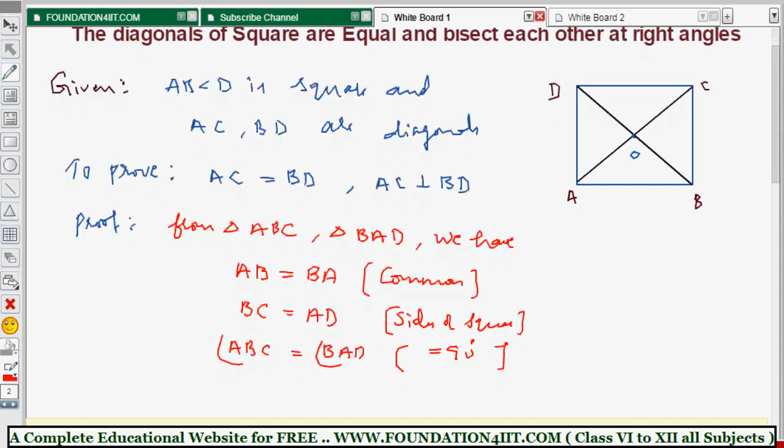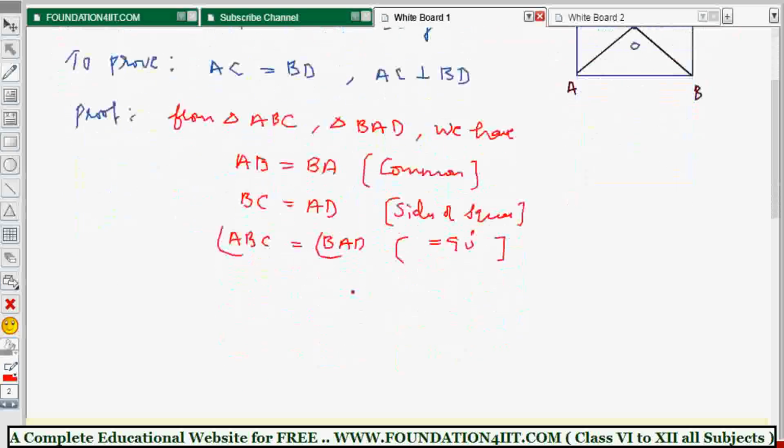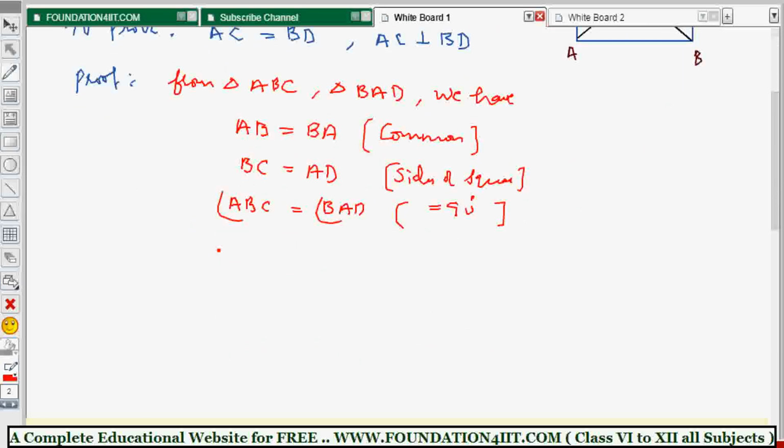Using these, therefore, the two triangles: triangle ABC is congruent to triangle BAD, right? That is the SAS axiom, side, angle, side. Two sides, the common side and the sides of the square, and the angle, I proved.